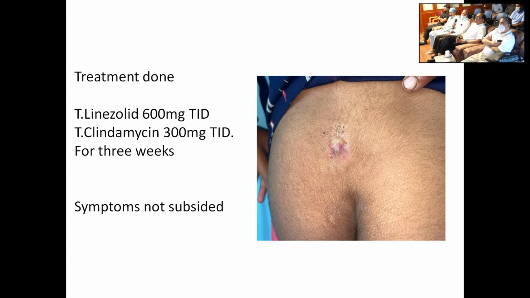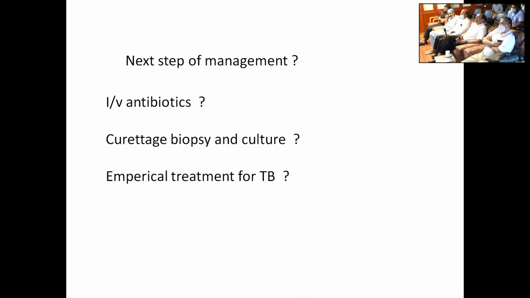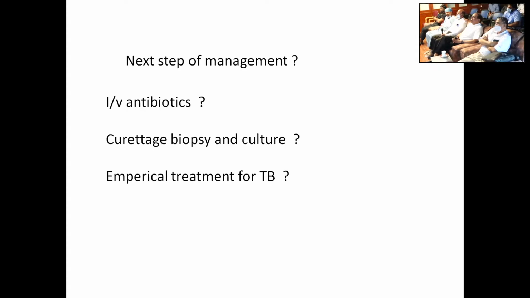Now how to proceed? What do you want to do? Pus anywhere in the body, what should you do? Antibiotics and curettage. Remove the pus. Antibiotics only help if there is no dead material inside. You must debride it, curettage, and get tissues.